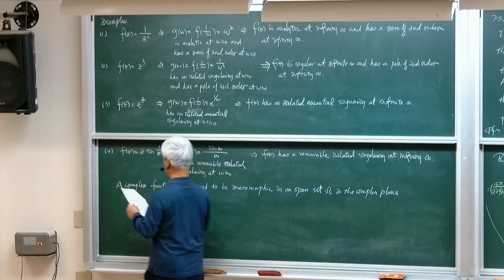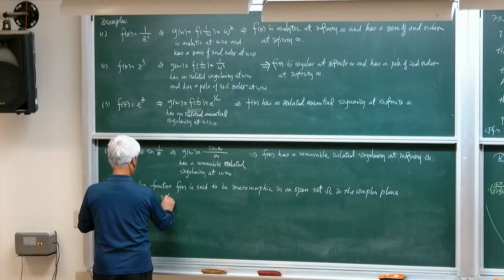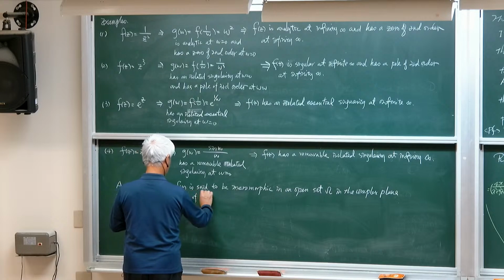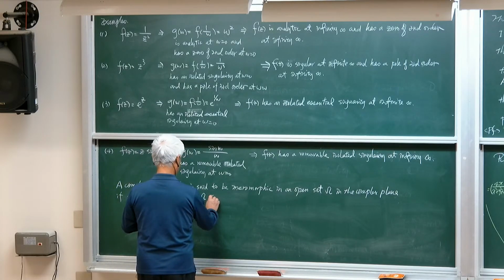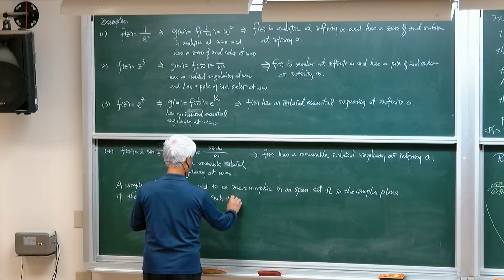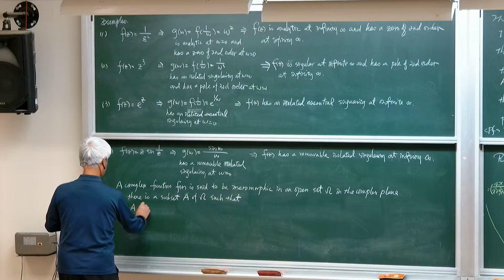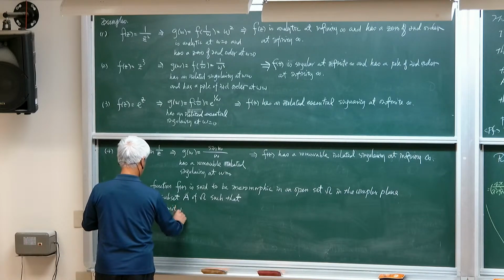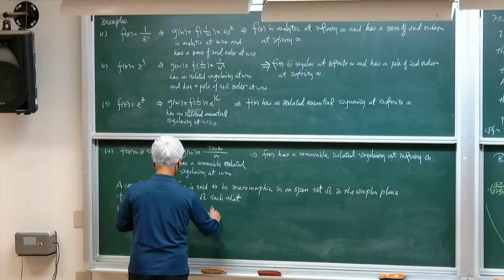If there exists a subset A of omega, such that one, A has no limit point in the open set omega.